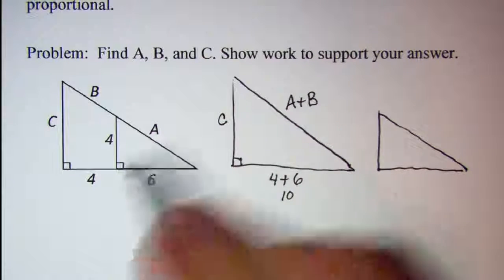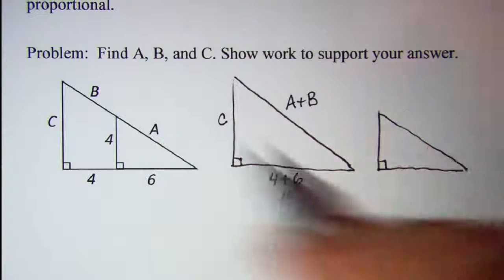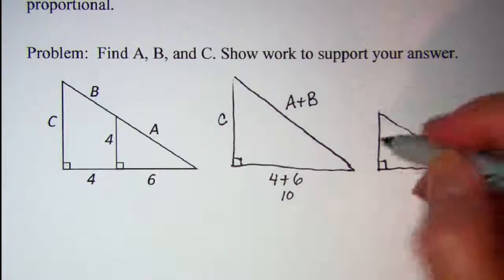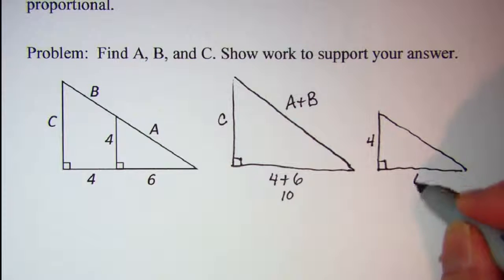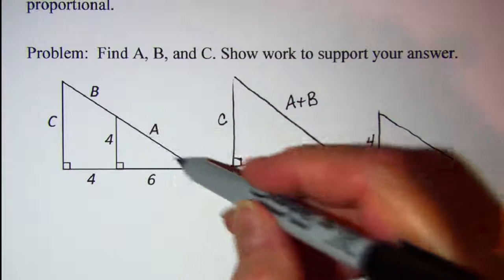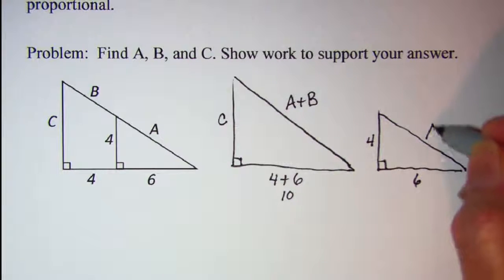We have our right angle here. This vertical side measures 4. The base is 6. And this hypotenuse is A.